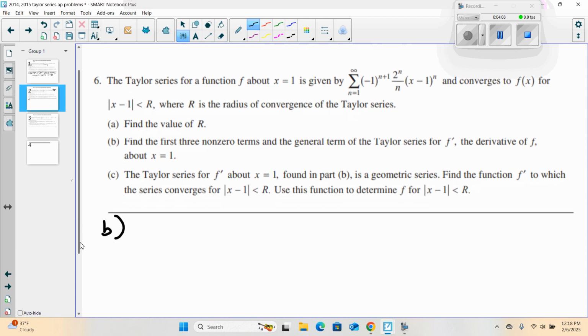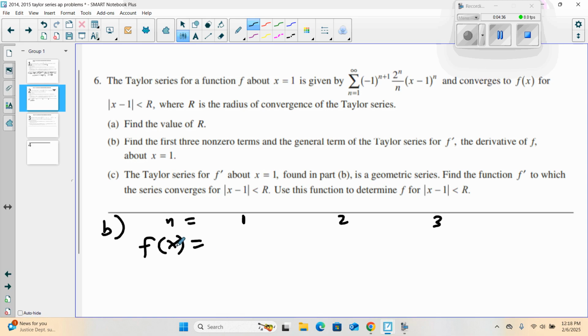Okay, so I think a good strategy here, since we just need the first couple terms, let's just write out the terms of f, and we can kind of get our feet under us of what's going on here. Okay, so for example, and I'm going to keep these organized. Maybe I'll say, okay, what's n? We'll do n equals 1, n equals 2, and n equals 3, the first 3 terms.